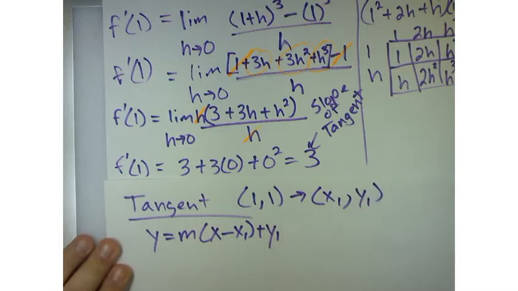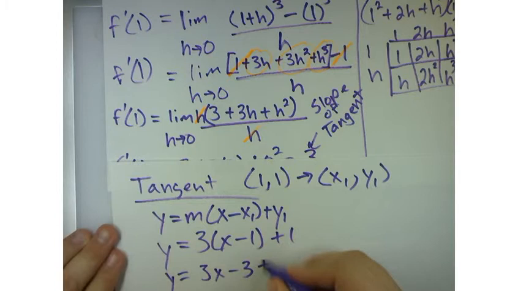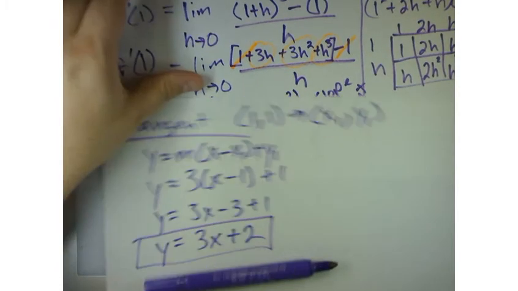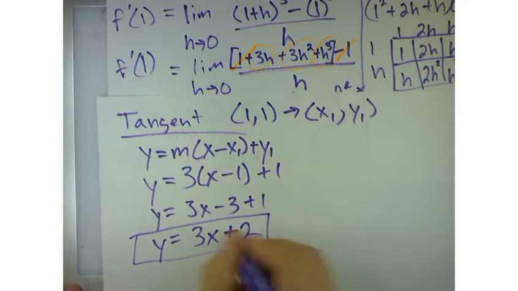So I'm going to say y is equal to my slope, which is 3, times x minus 1 plus 1. Distribute that through, and I get 3x minus 3 plus 1, or y equals 3x plus 2. That should be the tangent line, right? Minus 2. Is it minus? Oh, yeah, it's minus 2. Sorry, I got so excited. Minus 2.